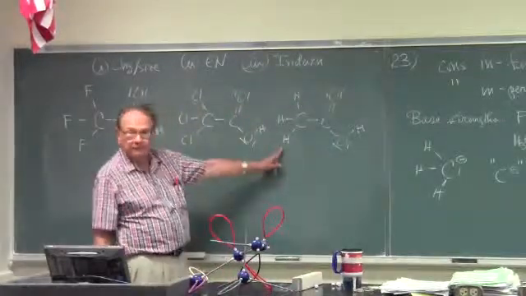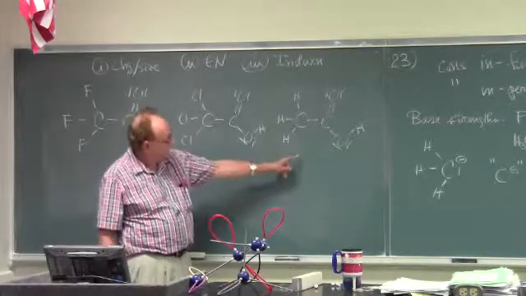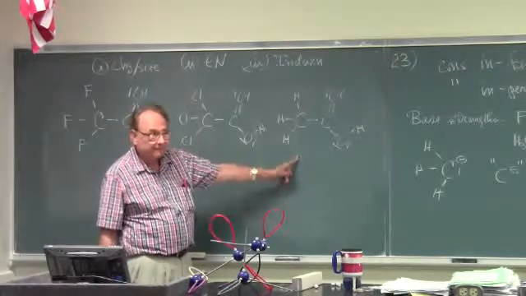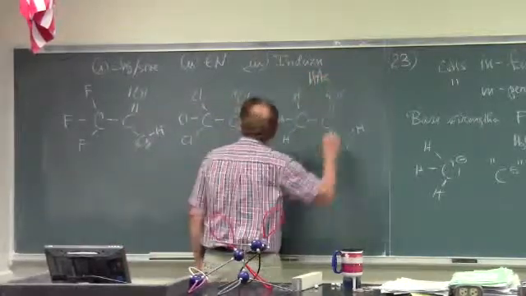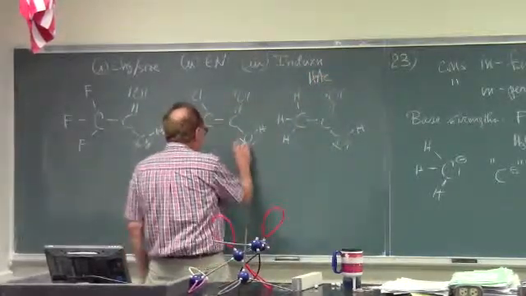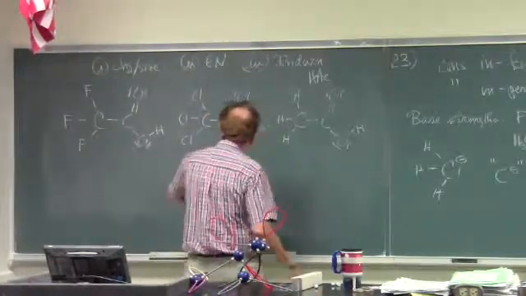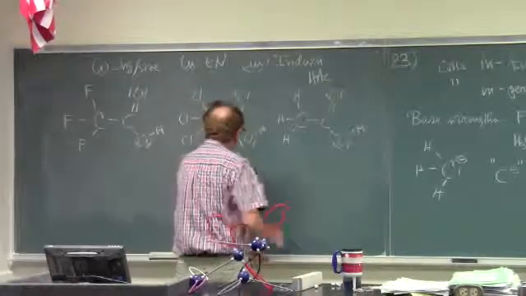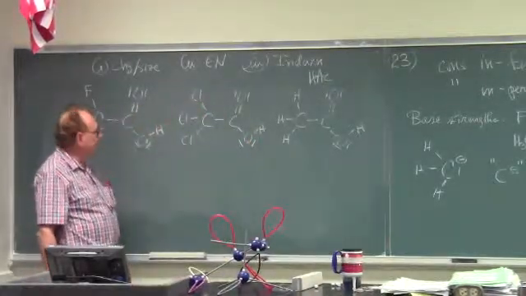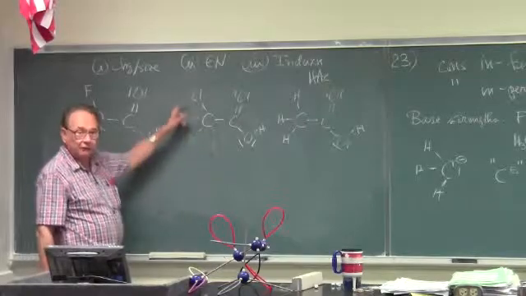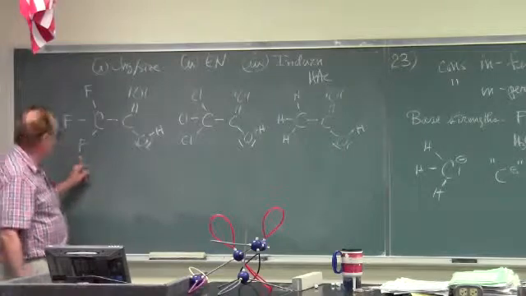This acid look familiar? What is it? Acetic acid. Our shorthand reference is HAc. So, with that as a given, I don't think you'll be surprised to find that the name of this is trichloroacetic acid. And this is trifluoroacetic acid.